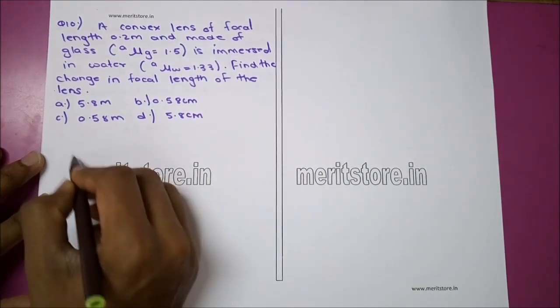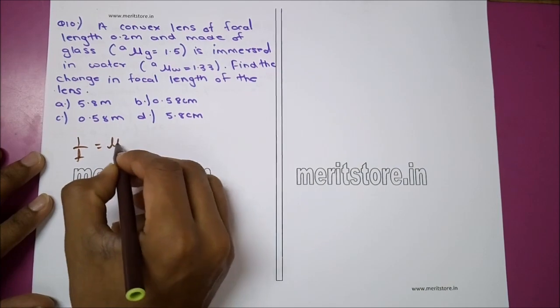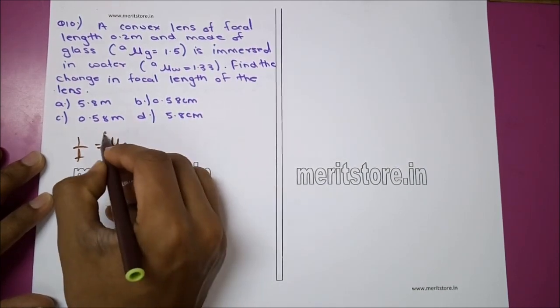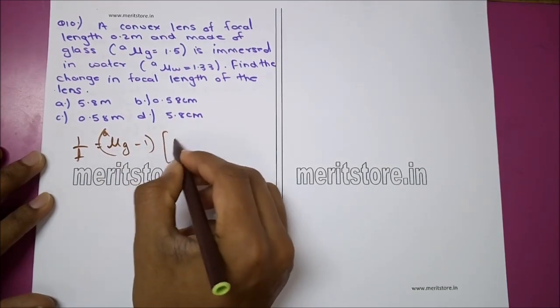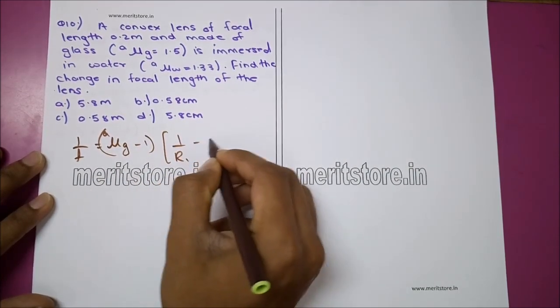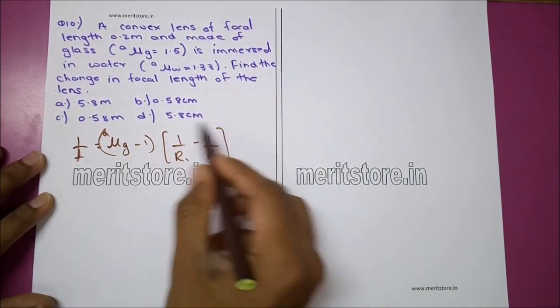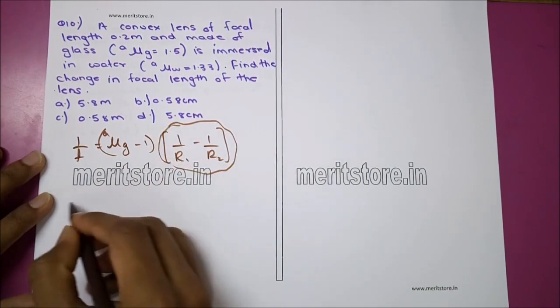Now the focal length, 1 upon f, is given as mu. Let's consider the glass with respect to air. So mu of G with respect to air minus 1 times 1 upon R1 minus 1 upon R2. From this formula, let us find out the value of 1 upon R1 minus 1 upon R2.